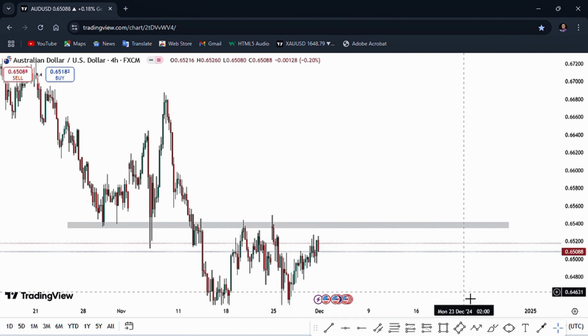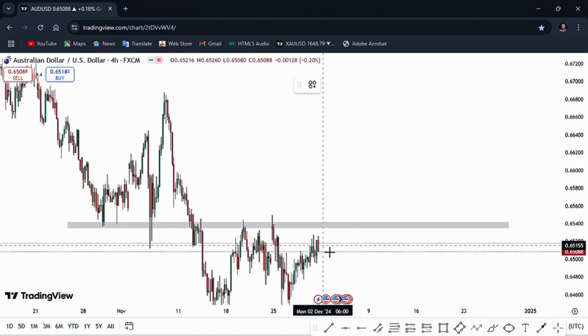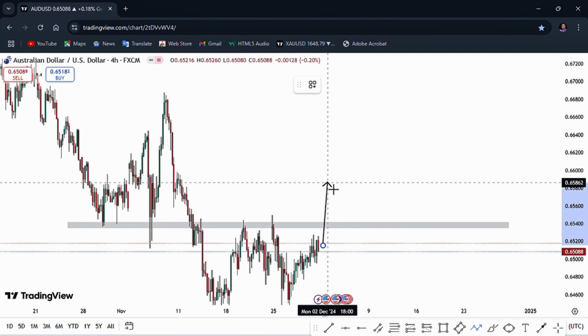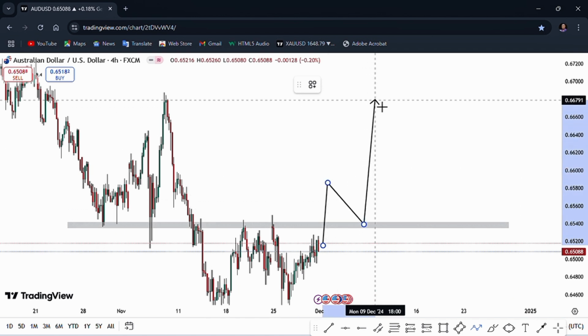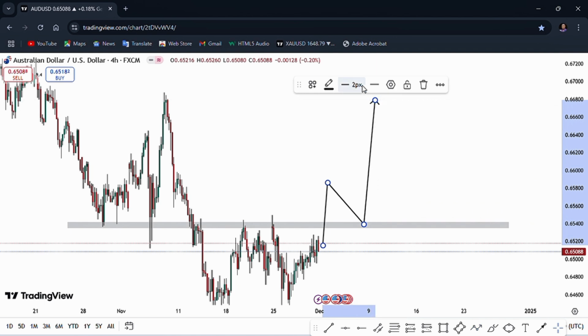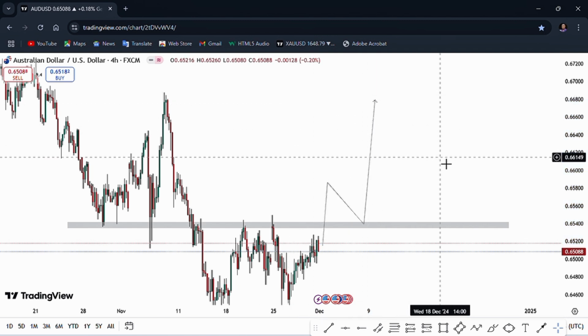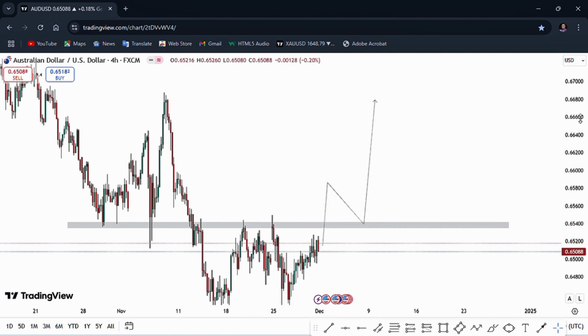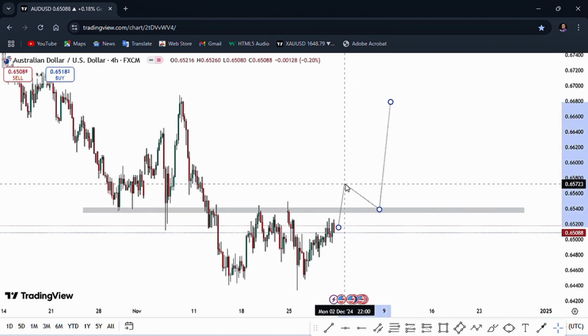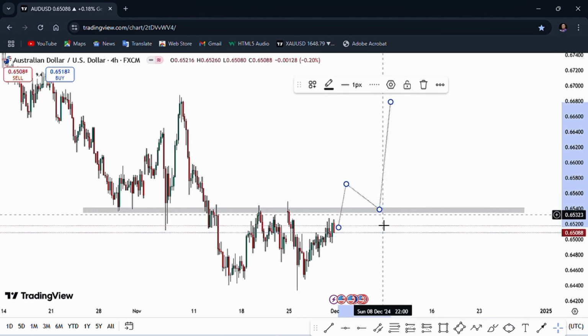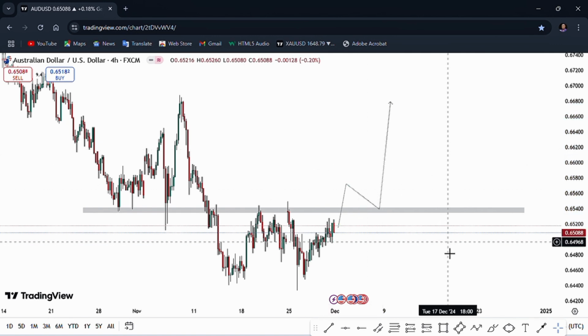If price should break above this neckline, that is when I will be interested in this particular trade. But for now, I am not interested. I will only be interested if price breaks above here, retests, then I'll be interested in taking this buy.